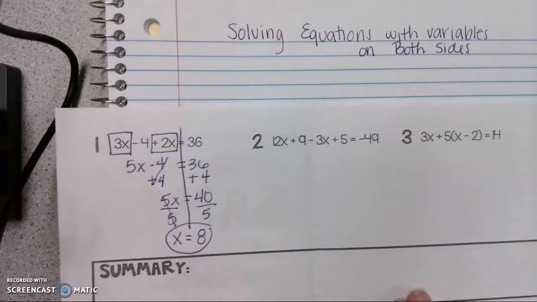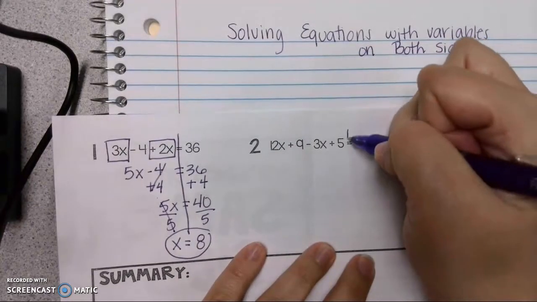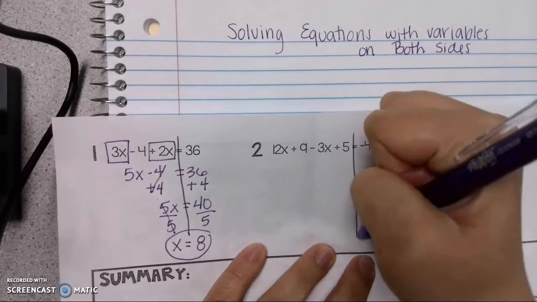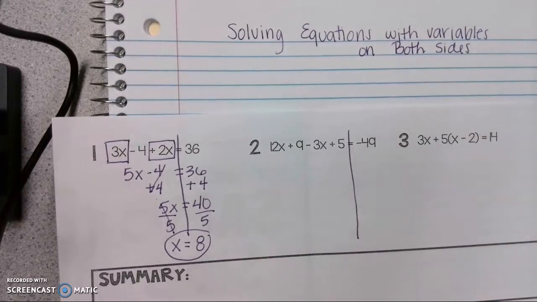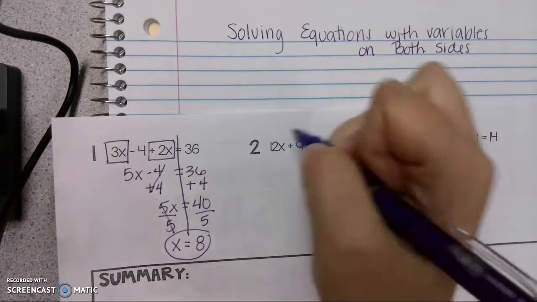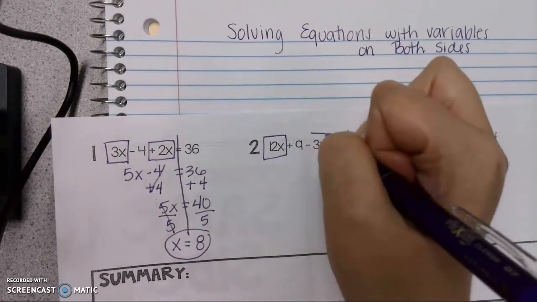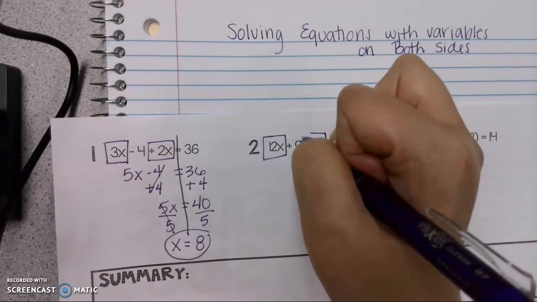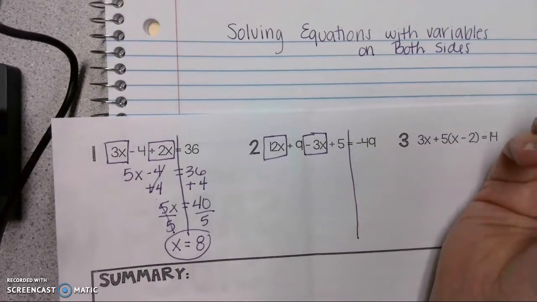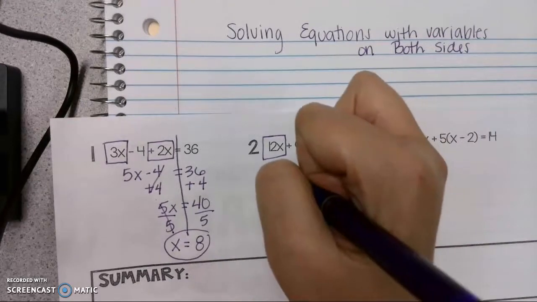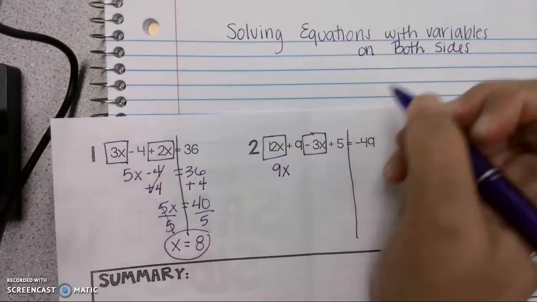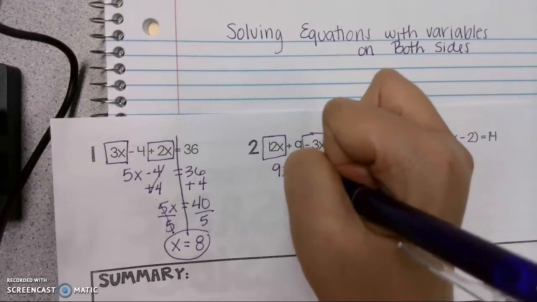On the next one, same thing like normal. Put my line down my equal sign. First thing I want to do is look for some like terms. In this case, I have 12x minus 3x. 12x minus 3x is 9x. And then I'm going to move everything else down.